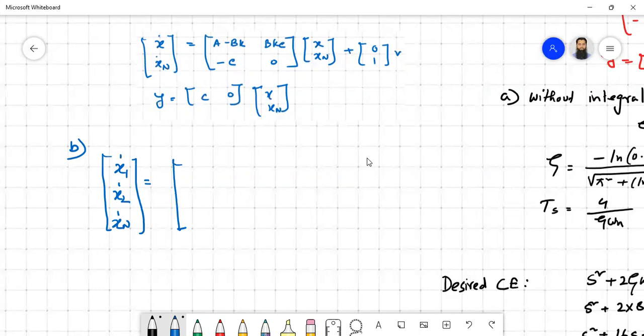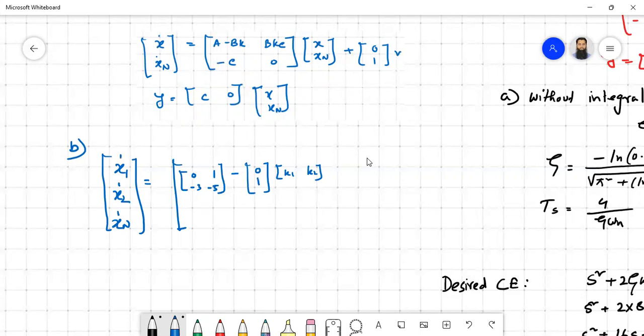A minus BK. So A is basically 0, 1, minus 3, minus 5, minus BK. So B is 0, 1 and K is K1, K2. So this is A minus BK.